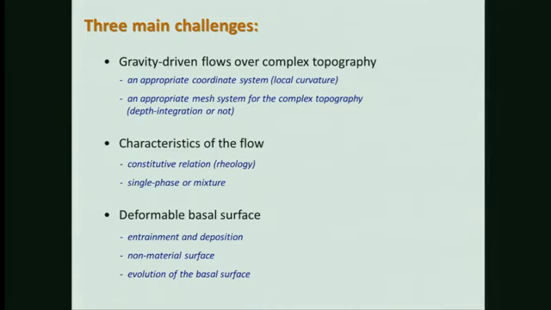And once there is entrainment or deposition, we know that the basal surface becomes a non-material surface, and we have to introduce an additional jump condition for this surface. And we would like to describe the evolution of the basal surface. Many things to do, but sometimes I don't know which one to begin with.